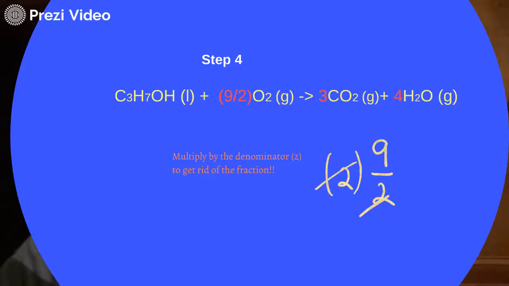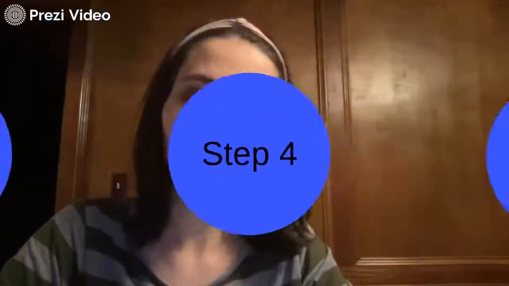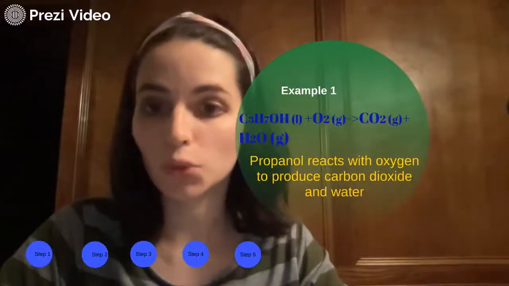A fraction has a numerator, which is the number on top, and a denominator, which is the number on the bottom. When you multiply any fraction by its denominator, the denominator gets cancelled out, and you end up with a whole number. So in this case, we multiply the whole equation by 2.